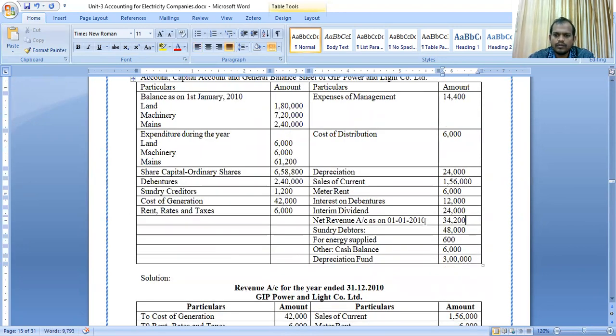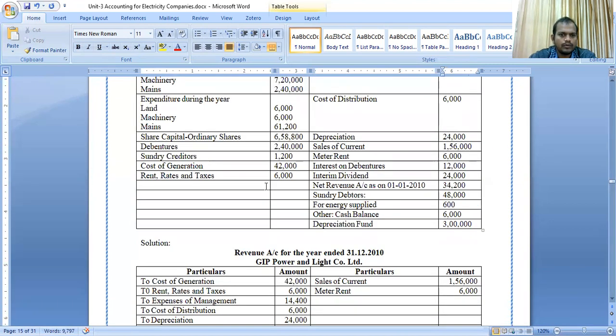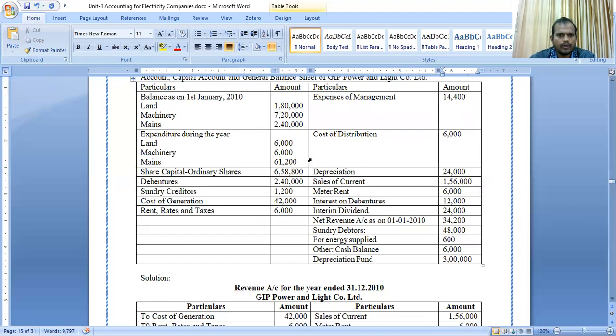It is 34,200. So there is no item left to mention in the net revenue account.